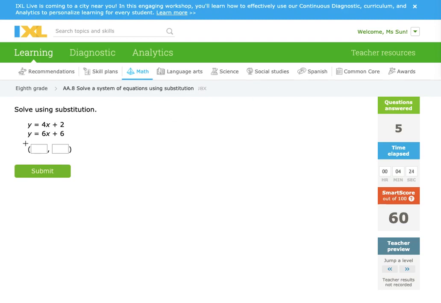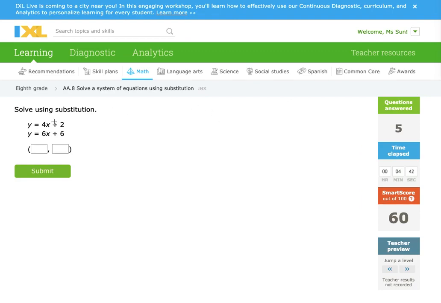All right, in this case, you have two equations and they both start off with y equals. A lot of times people get confused here, but this is actually an easy substitution problem once you know what you're looking for.